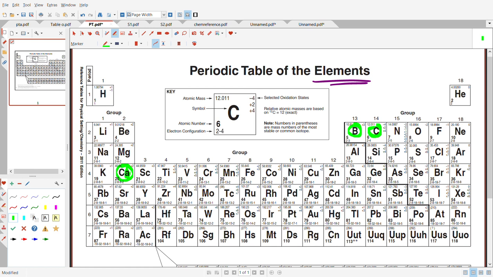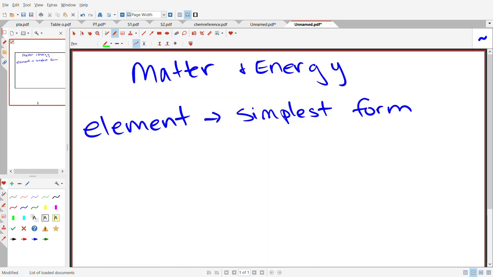So Ca is calcium and Cl is chlorine. So to represent an element, it's one capital letter, but if that capital letter already exists, the second letter next to it is lowercase.